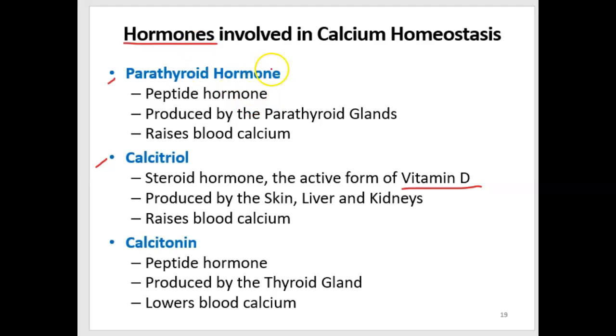So parathyroid hormone is a peptide hormone. It's made by the parathyroid glands that sit behind the thyroid, and it acts to raise blood calcium. So in some way it's going to cause bone resorption in some fashion. At least that's an option if we're thinking about just bones. There are other things it can do too.